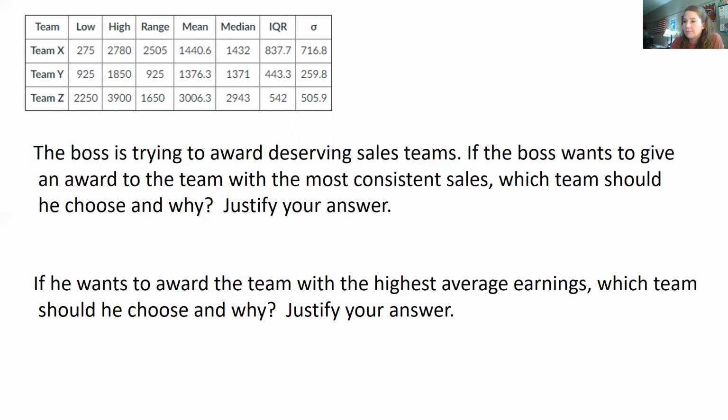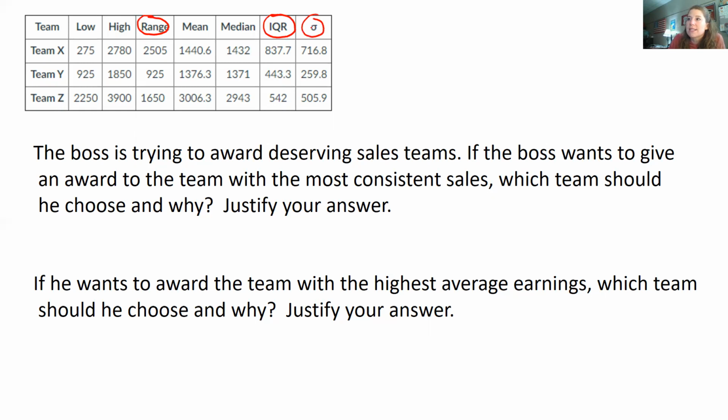varied your data is. A boss is trying to award deserving sales teams. If the boss was to give an award to the team with the most consistent sales, which team should he choose and why? So for consistency, we're looking for a small range. We're looking for a small interquartile range. That's the middle 50% of your data, how spread out it is, and a small standard deviation.